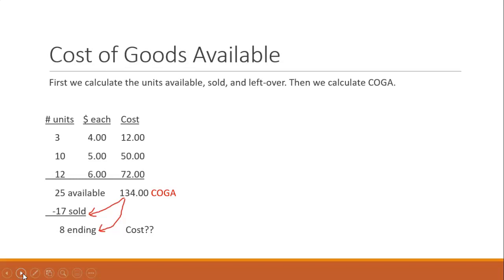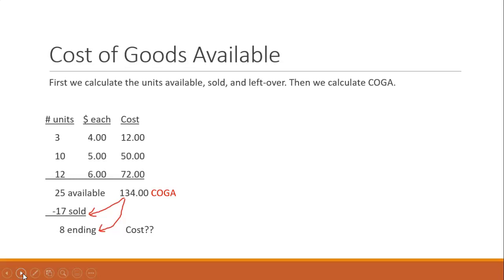Looking at the units, we had 3 to start with, then purchased another 10 and another 12, so altogether we had 25 units available for customers to choose from, and those 25 units cost us $134. Now, if we take a look at the ones we sold, 9 units at one point and 8 units at another point.